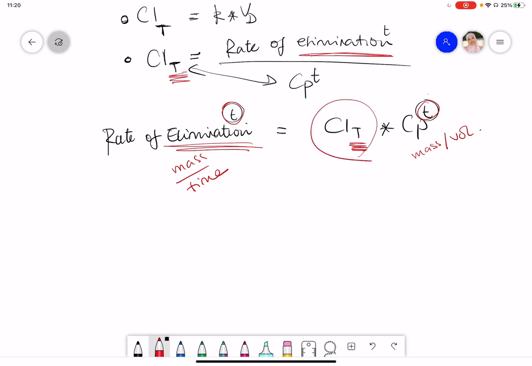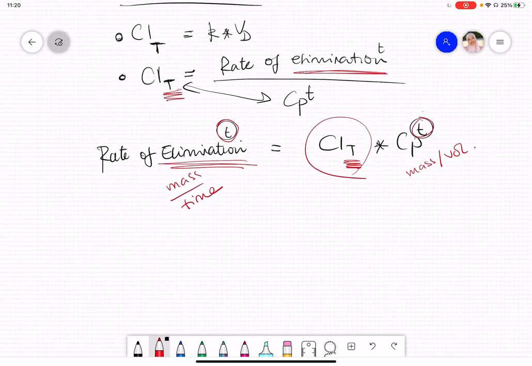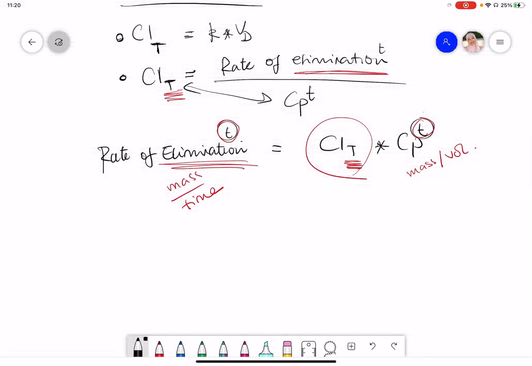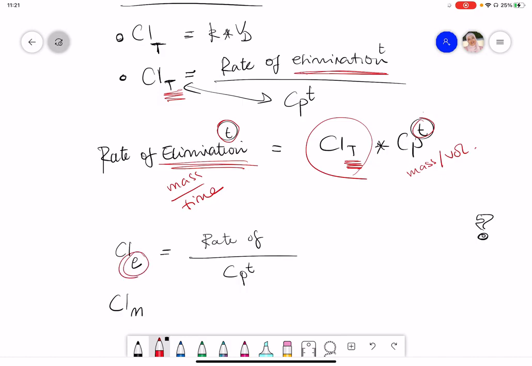And just make sure that, according to the concept that we just mentioned, you will be able to determine the excretion clearance and the metabolic clearance using this equation, right? Can you? Yes, we can. Concentration at certain time equals the rate of what? Excretion at certain time.